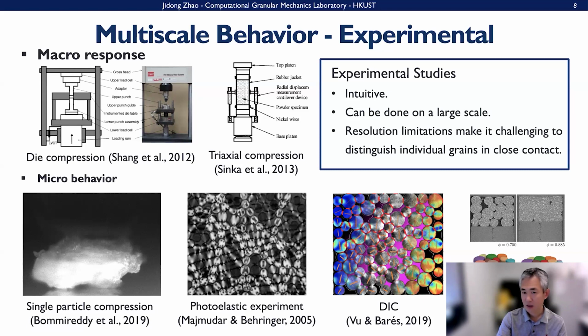And so sometimes if we want a quite detailed observation of the individual contact level at the grain level, it can be quite limited here. So those are experimental ways.